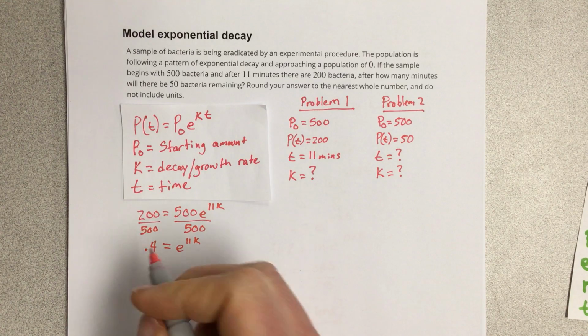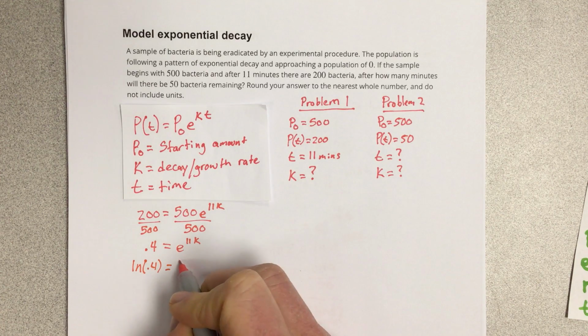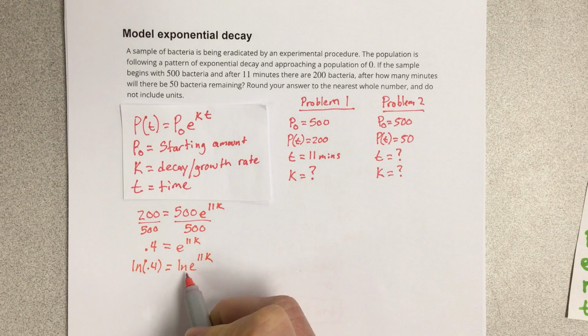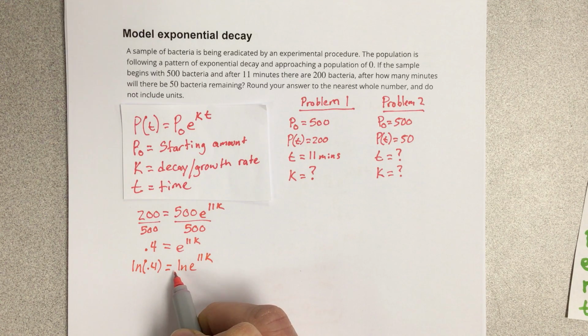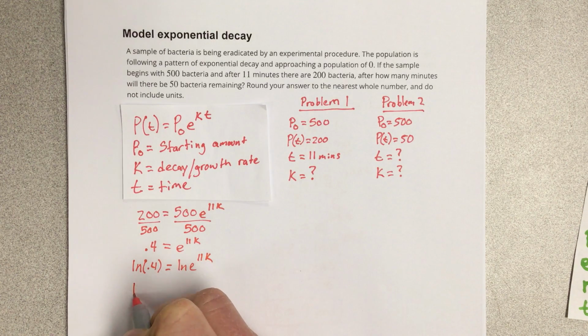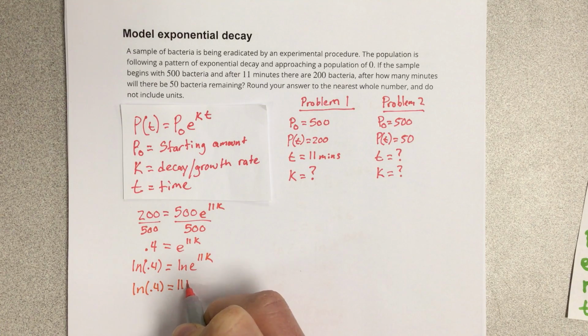And then we're going to take the natural log on each side. So natural log of 0.4 is going to equal the natural log of e to the 11k. This is the log law. We have log base e of e. That's just 1. Also, we can use the power rule to move 11k to the front. So this cancels and 11k comes to the front. So we just end up with natural log of 0.4 equals 11k.